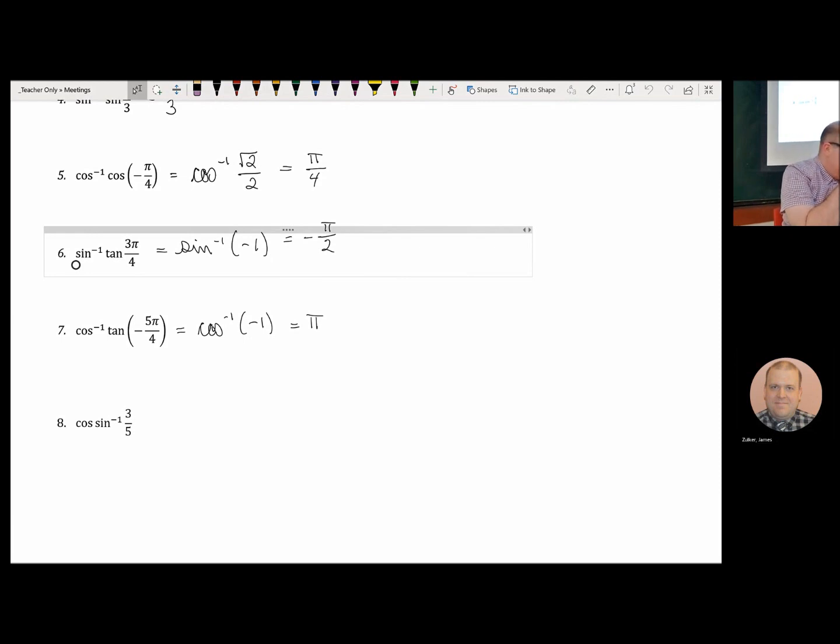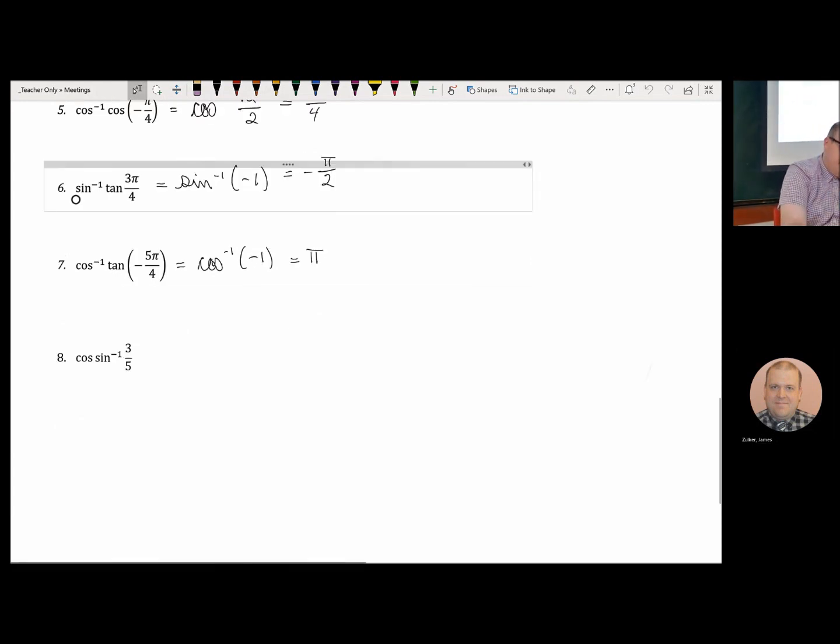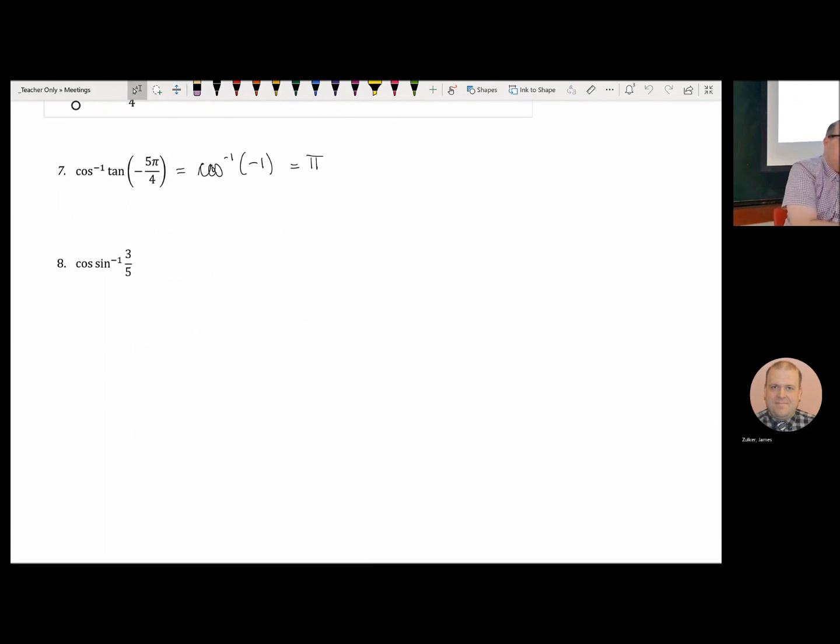Cosine of the inverse sine of 3/5. Now remember, the inverse sine is going to give us an angle, right? Call that angle inverse sine of 3/5.